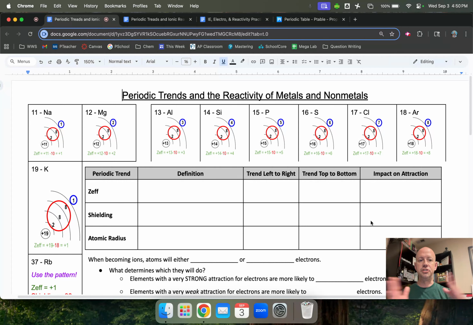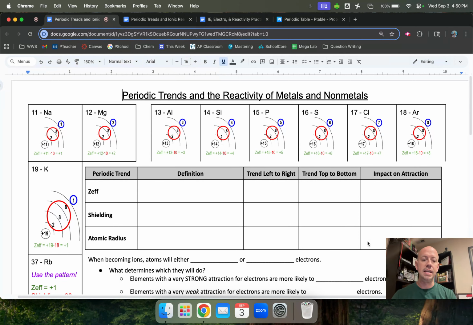But the radius is just that distance from our positive central nucleus all the way out to those outermost valence electrons. How far is that? And we see that as we go further to the right and we put more Zeff on there, it pulls it in closer because of more attraction. As we go top to bottom and we add those more levels there, it allows that distance to be greater because of decreased attraction.